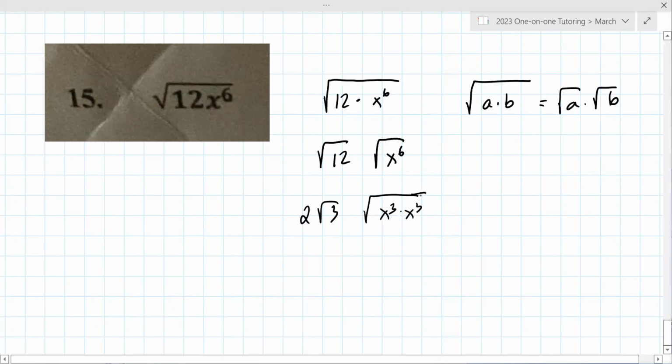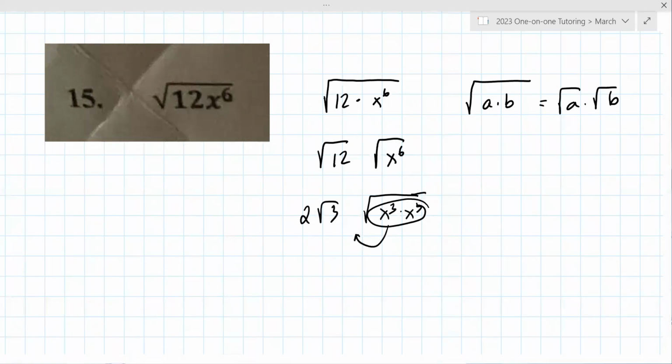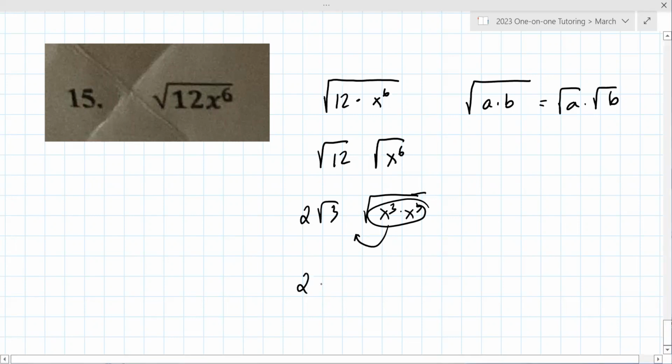Yeah. And since they're the same, you can bring it out. All right, so that becomes 2x cubed square root 3.